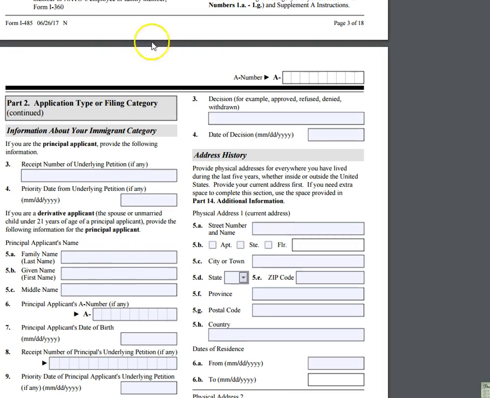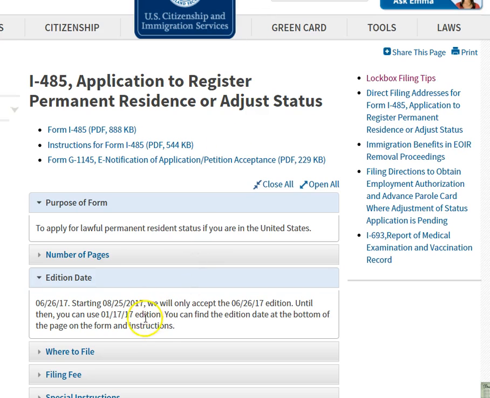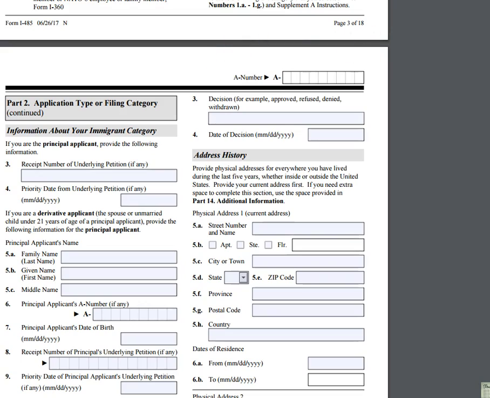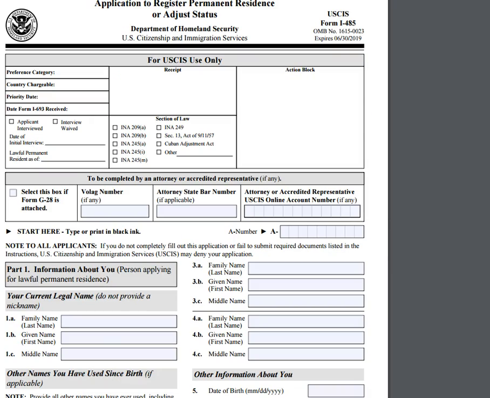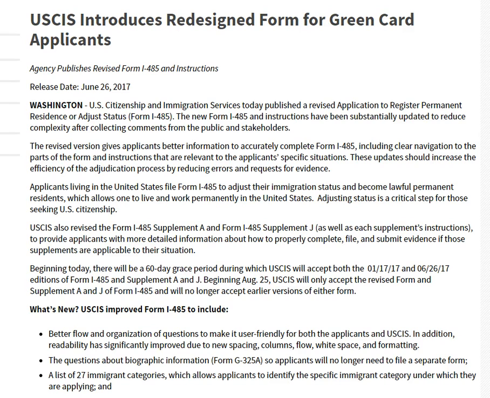Okay, that's some example of the changes that have been made. But like I told you, you need to keep in mind that starting August 25, you have to use this updated form. Otherwise, your adjustment of status will be rejected. So let's read together what they told us. The new form I-485: they say this form has been substantially updated to reduce complexity.